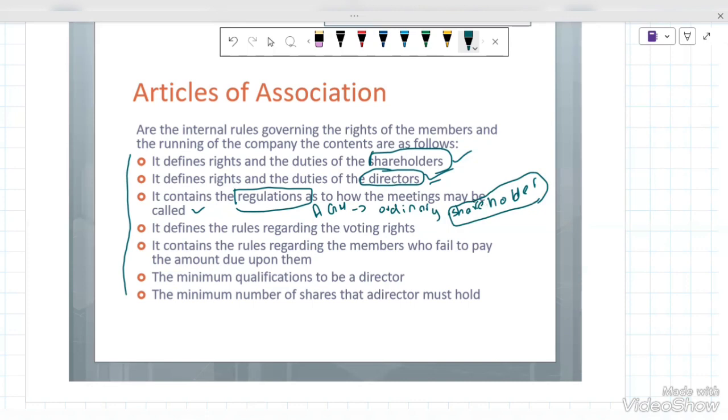Okay. So the fourth content in the AOA, Articles of Association, is that it defines the rules regarding voting rights. Maybe you are aware that there are majorly two types of shareholders in our business. Number one is the ordinary shareholders.